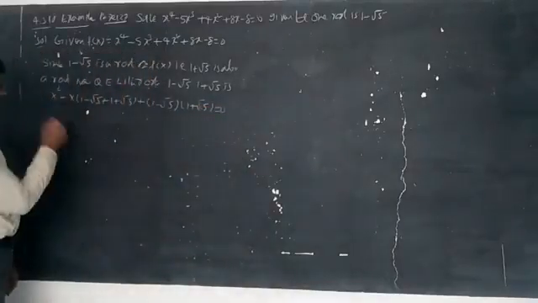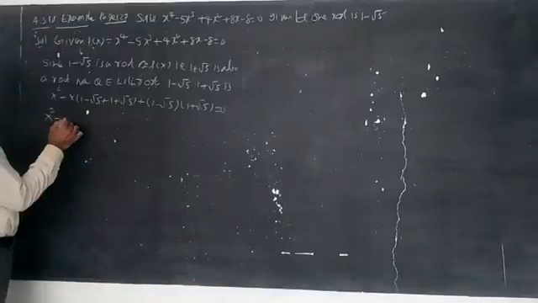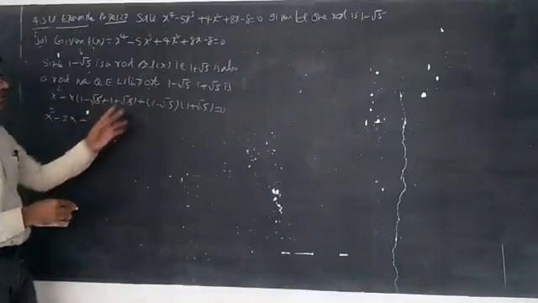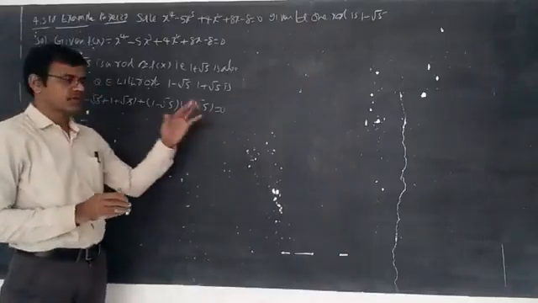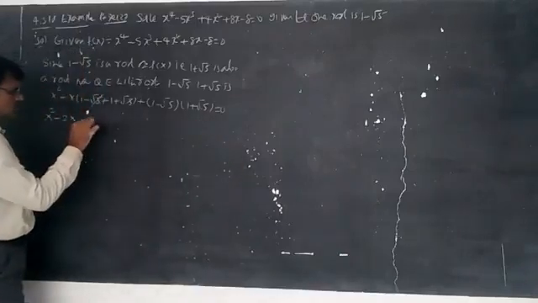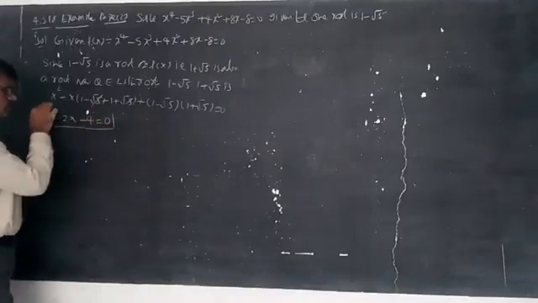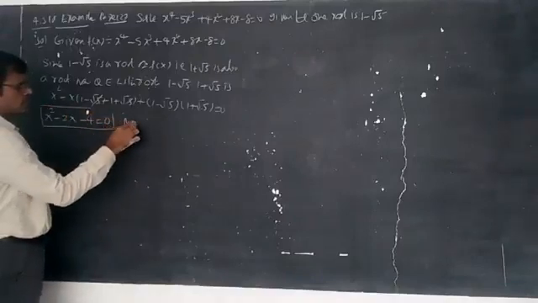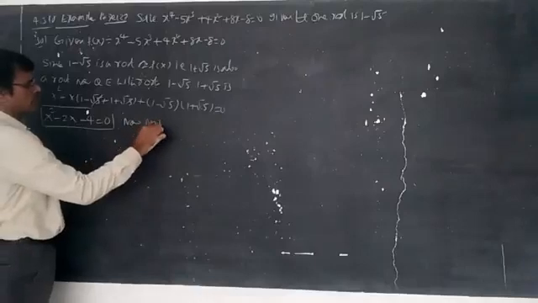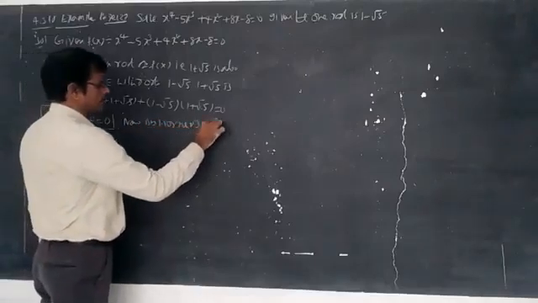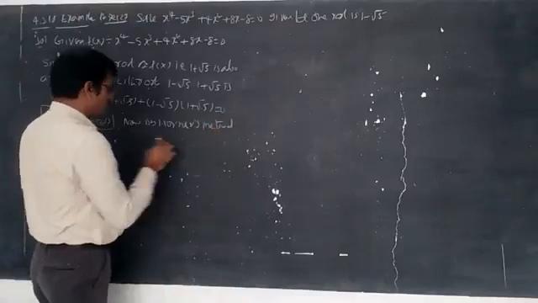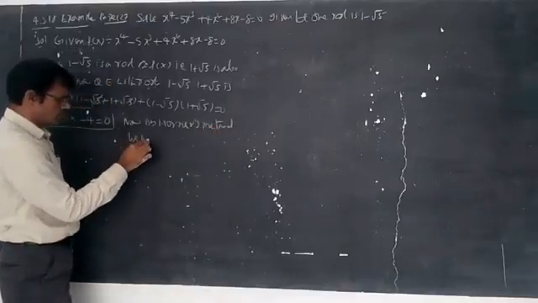First we need to prepare the quadratic equation. x square minus, root 5 gets cancelled, this is 2x. Here a plus b into a minus b is a square minus b square, 1 minus 5 becomes minus 4. So x square minus 2x minus 4 equal to 0. Now after completion of this, by Arnold's method we know.